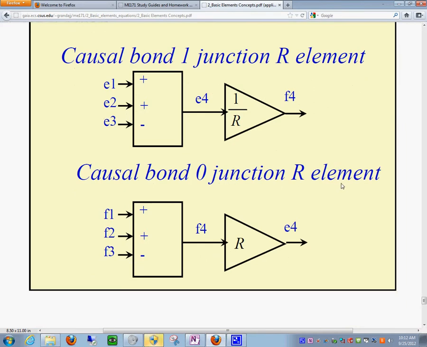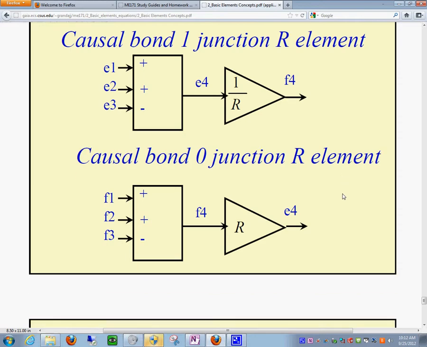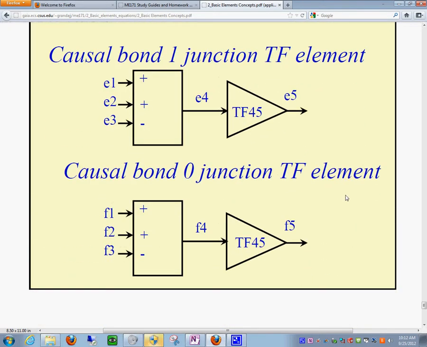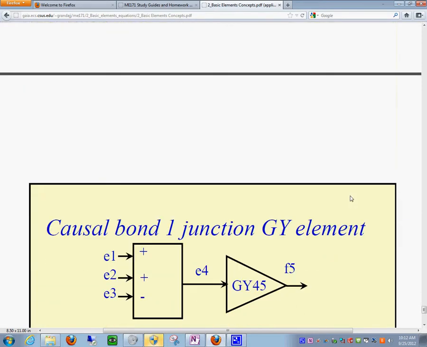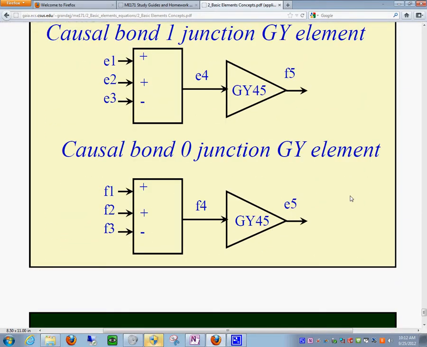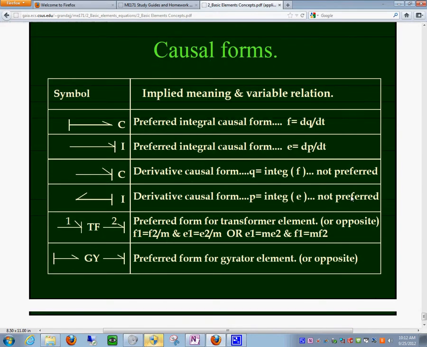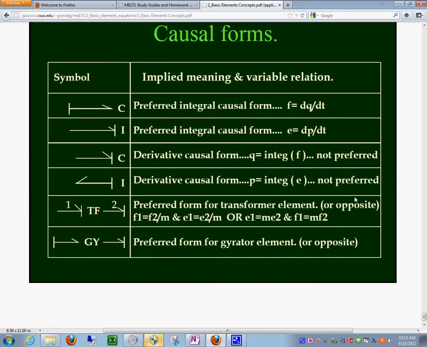Again, you make that connection to the R element or the zero junction to R element. You can connect it to a TF, this would be the representation, or to a GY element. Finally, the last slide of this series is just a summary of the different causal forms.